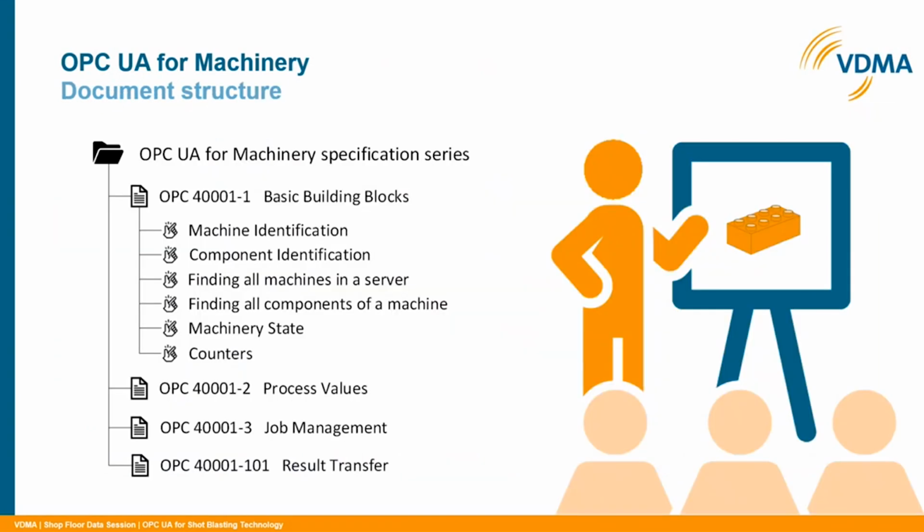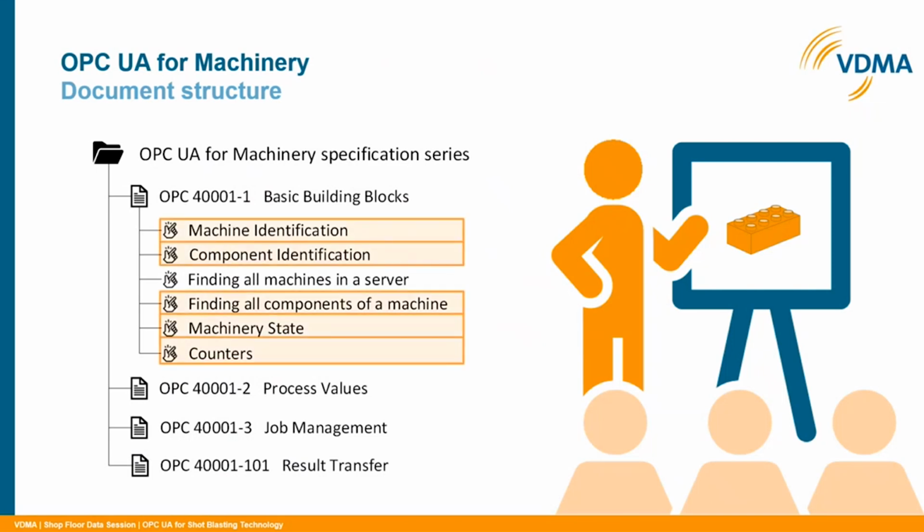The machinery specification is structured in 4 different documents. It's the basic building blocks, the process values, job management, and result transfer. And you can see here now what parts of this machinery specification we actually used in our information model.